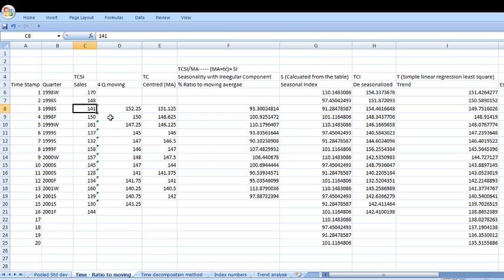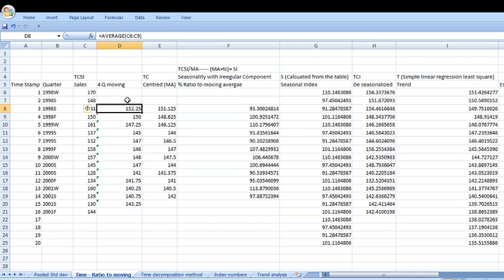So I've decided on the moving average order, that's 4, and now I will go ahead and start calculating the moving average using 4 orders. The first 4 numbers I take and calculate the average, it's 152. Here there is a catch: I have lost 2 data points in the 4Q moving range.